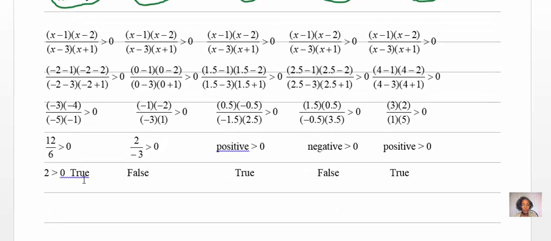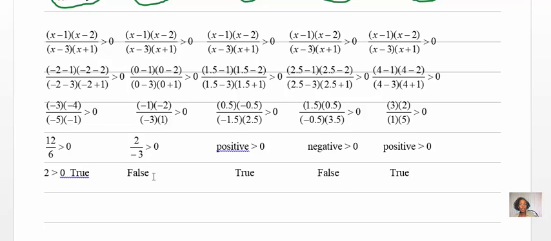If that's true, if the powers on all factors in your expression that gives you your rational function are odd, then once you find out whether the test number makes the statement true in the very first interval, the next interval is going to be made false by the test number for that interval, and so forth and so on.